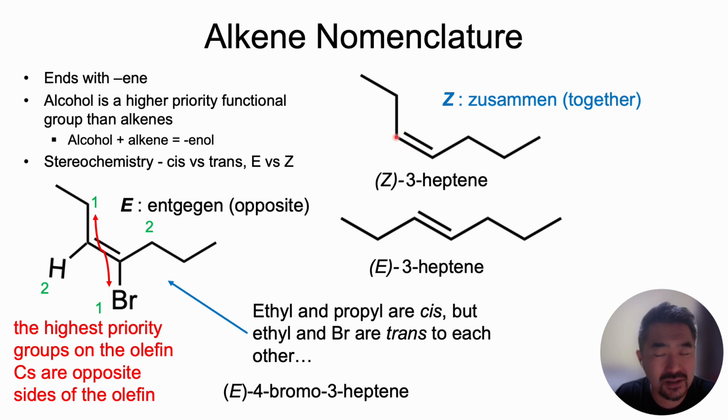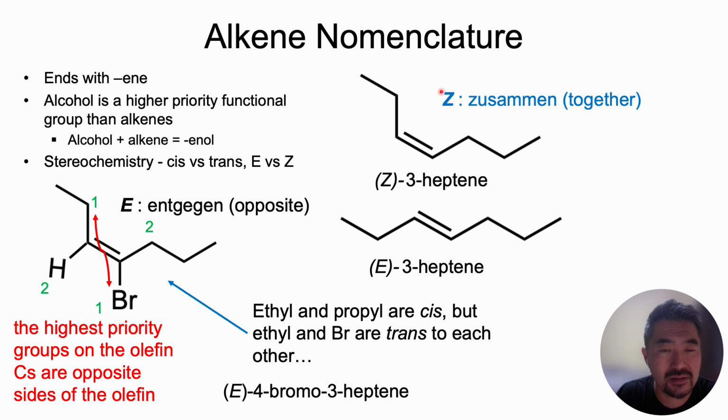In this case, it was cis. We could also call this Z, or zusammen, the German word for together, kind of like cis, because on this carbon, the higher priority group is this instead of the hydrogen. Here, it's again the carbon instead of the hydrogen.